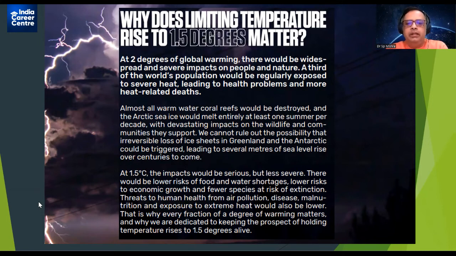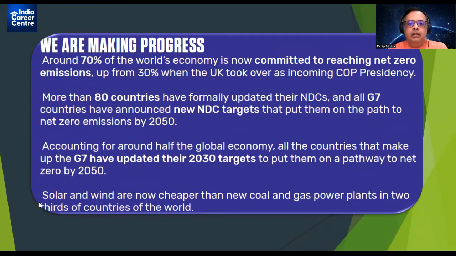I think we are already seeing across the world how global warming and the climate change associated with that is affecting the way in some areas flooding is happening. In some areas, the heat is so much higher compared to the average temperature. So it's a big risk, and if we don't control it, it is going to be a disaster for our future generation. I think 70% of the world's economy is now committed to reaching net zero emission.